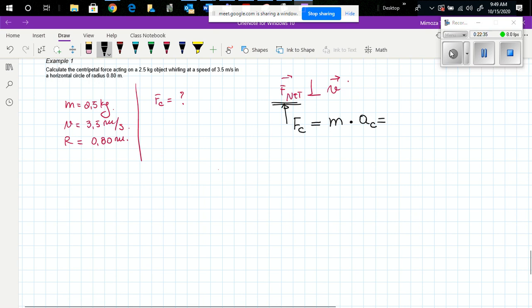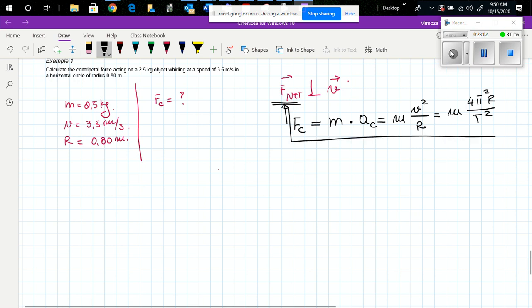From the formulas that we generated above, we can say that the centripetal force is mass times v, the magnitude of the velocity or speed, squared over r, or mass times 4 pi squared r over t squared.